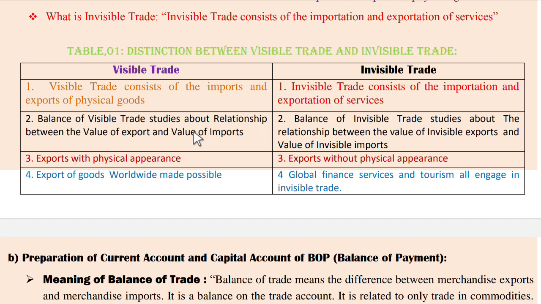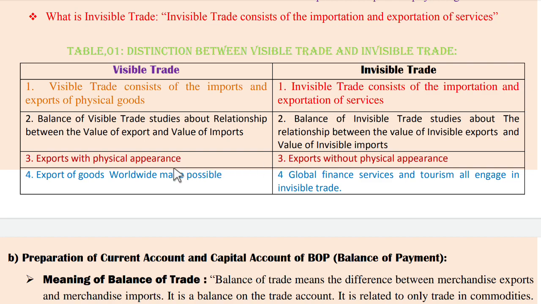The second difference is that balance of visible trade studies the relationship between the value of exports and the value of imports. But balance of invisible trade studies the relationship between the value of invisible exports and the value of invisible imports.